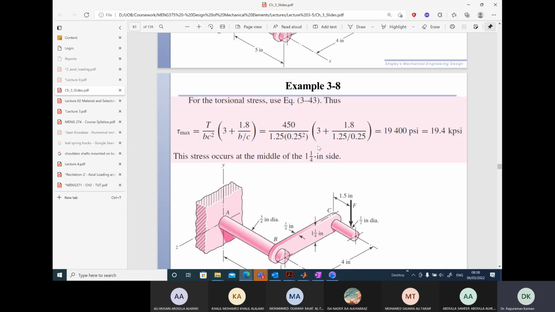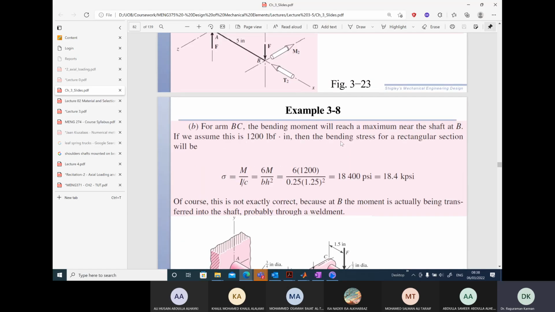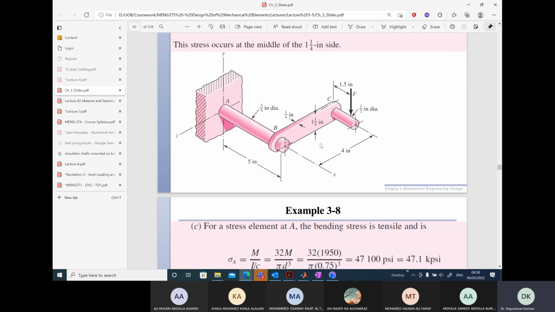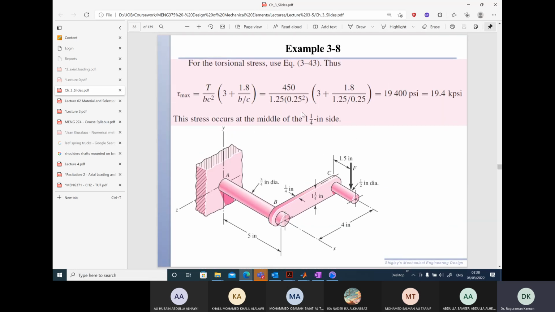This is a rectangular cross section, and since we have a torque, whatever transverse shear stress we have on the arm BC here, it will not be significant. So usually, if you have torque, you will neglect calculations for transverse shear stress, VQ over IB.